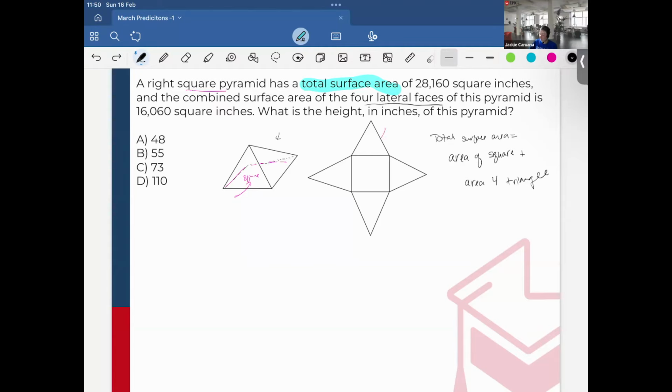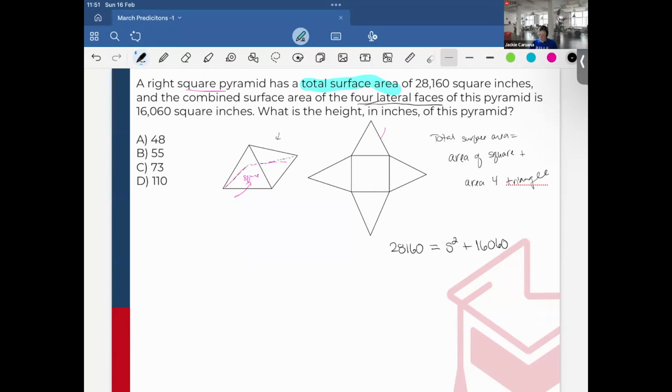I'm told the total surface area is 28,160, and that's equal to the area of a square, which would be s squared, plus the four lateral faces, 16,060. So now I can find the area of the square.